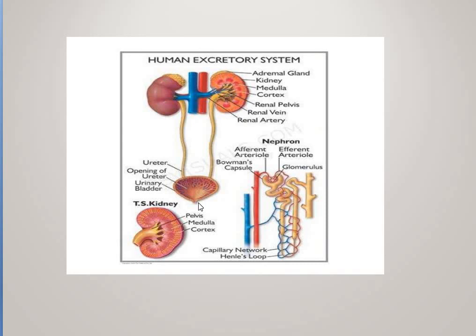In the human male, the urethra is about 20 centimeters in length, and in the female it is just about 3 to 5 centimeters in length. So this was a brief description of the structure of the kidney along with its tubes.